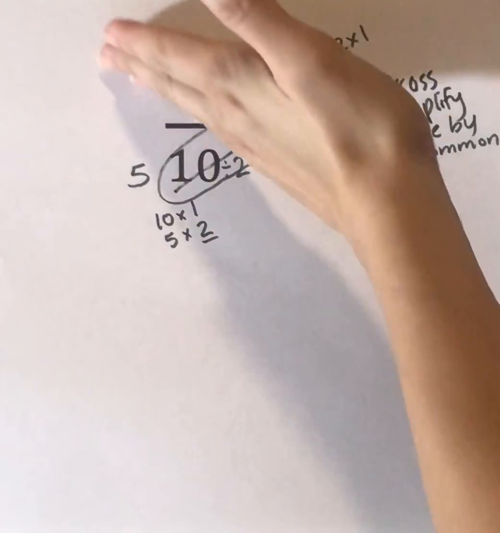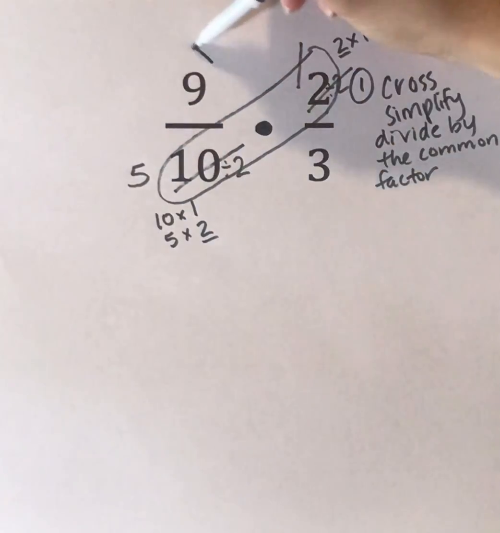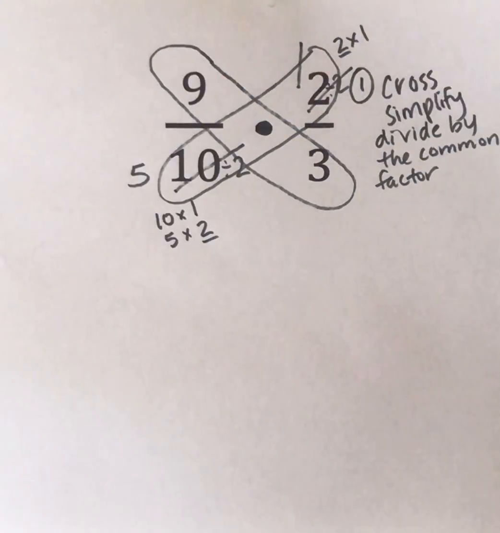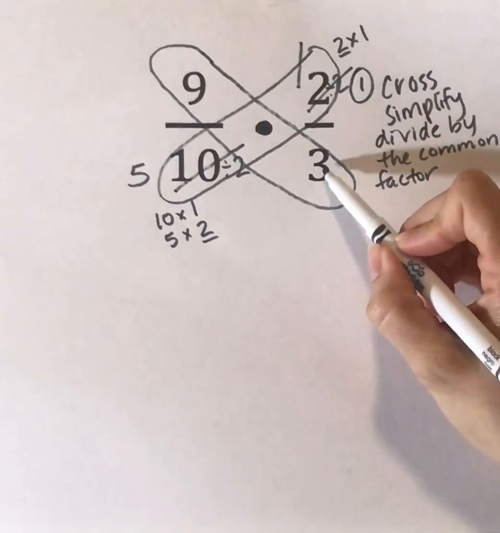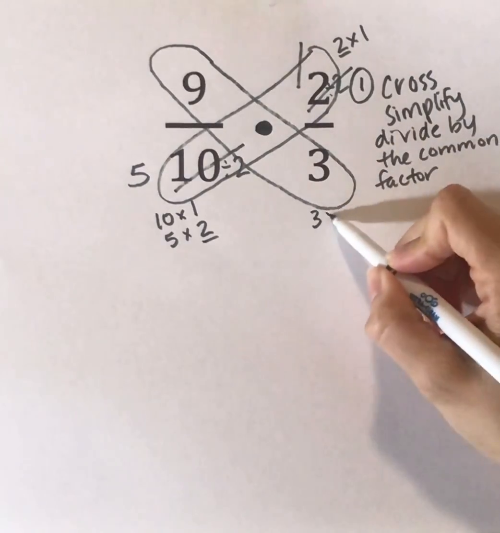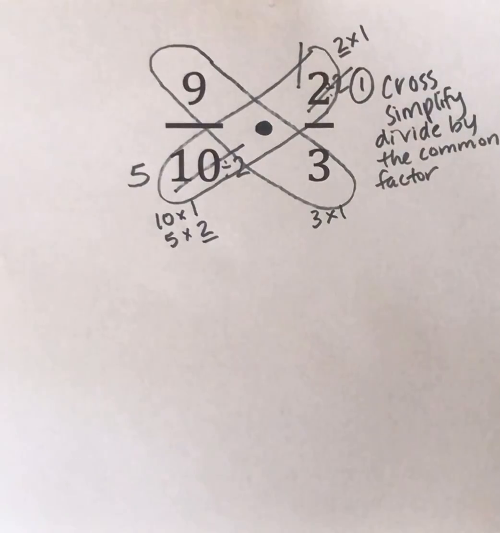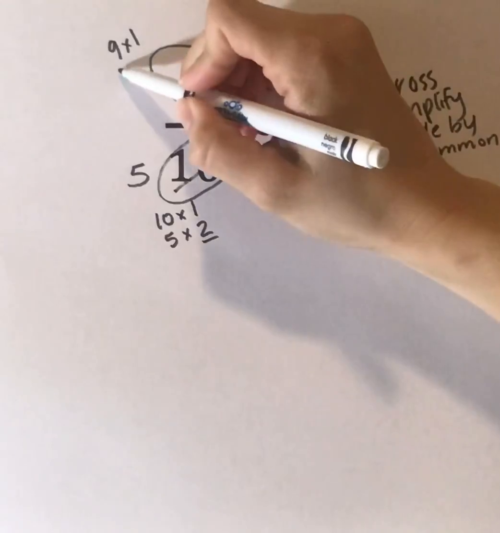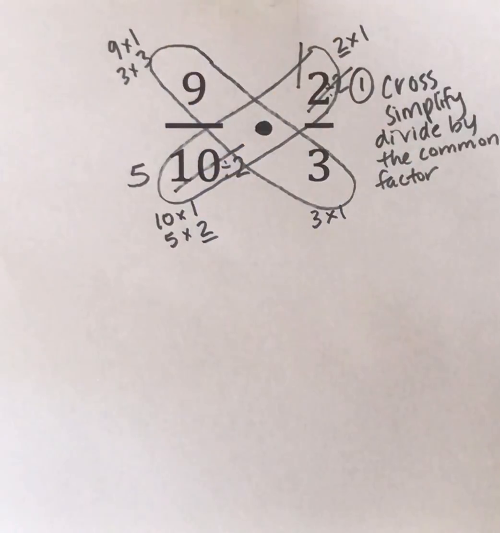Next, I'm going to look at the next cross, which is these. And I'm going to see, can those also simplify by finding the common factor? Again, I'm thinking about 3, and the factors of 3 is 3 times 1, because again, it's prime. The factors of 9 are 9 times 1 and 3 times 3.